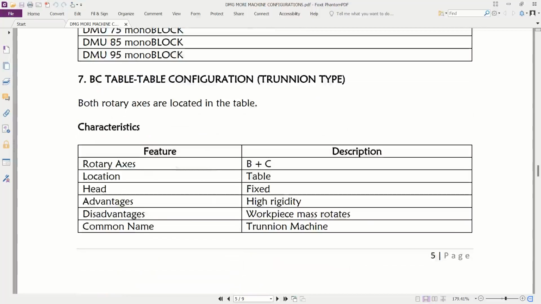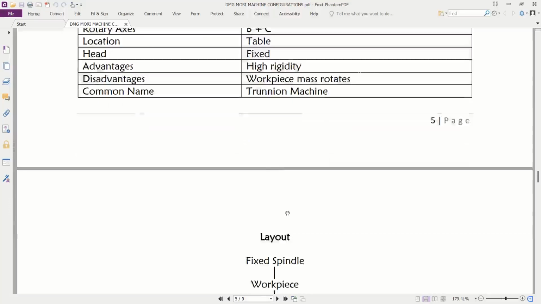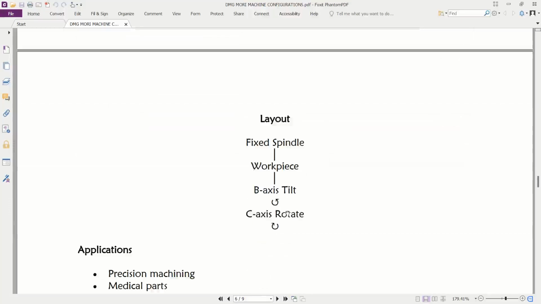It can only move along the X axis or the Y axis. So that's why ours is a BC table. And this machine is very rigid. It can do mass production, and it can run either 3+2 axis, or five-axis simultaneous.